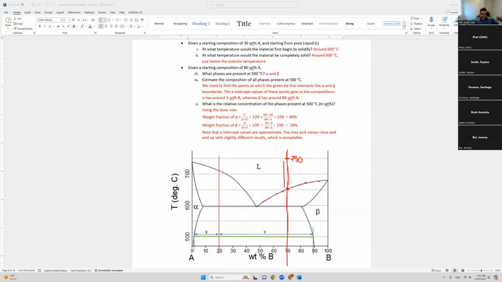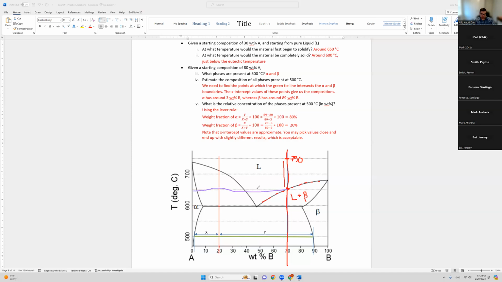And beyond this point, if I cool down the material further, I'm going to start forming the first solid crystals inside the liquid. And those solid crystals will be what phase? What is this region? This is liquid plus beta, right? I'm going to start forming this beta phase inside the liquid. The question asks at what temperature would the material first begin to solidify? So I just draw this horizontal line.